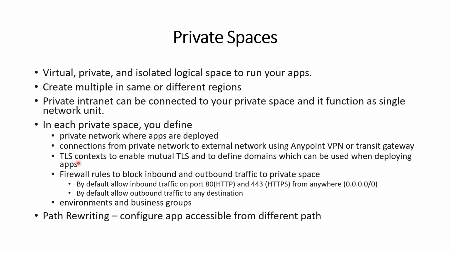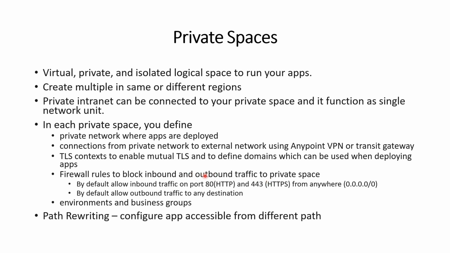We can define TLS context. We can configure multiple TLS contexts, which means an application can have multiple public URLs. TLS context can be used to define the domain, and you can also use mutual TLS, two-way SSL. We can also configure the firewall rule for inbound and outbound traffic.